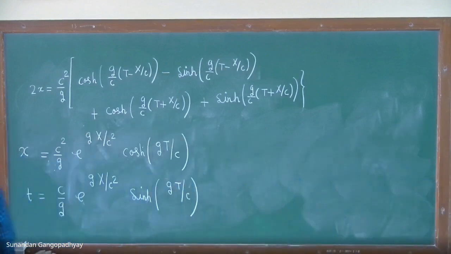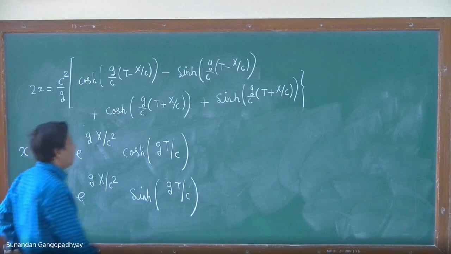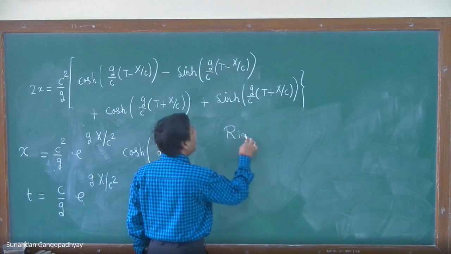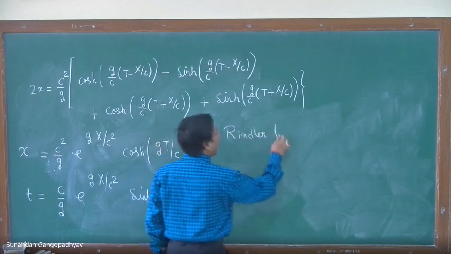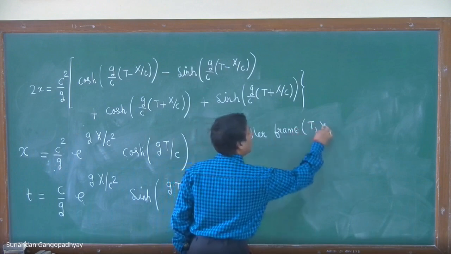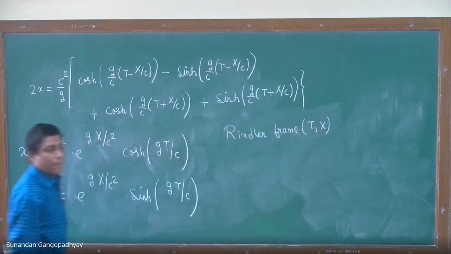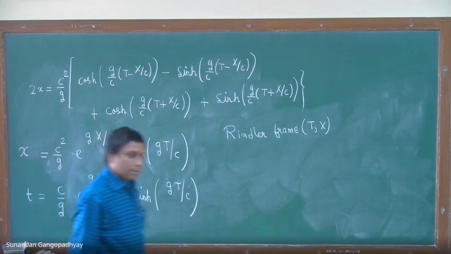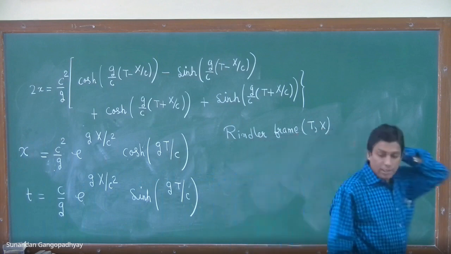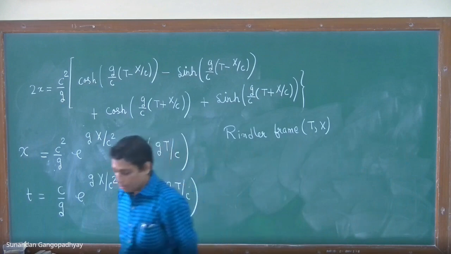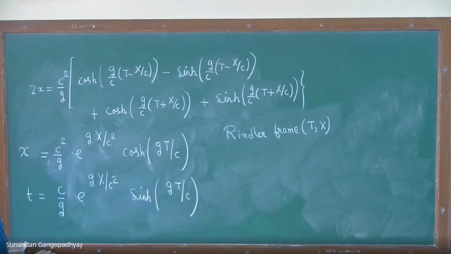And the frame of the uniformly accelerated observer is called the Rindler frame. So the Rindler frame coordinates are denoted by T and X, and small x, t, you know, these are the inertial coordinates. So these are the transformations that we were looking for, between the Minkowski or laboratory frame, the inertial frame, and the Rindler frame, the uniformly accelerating frame.